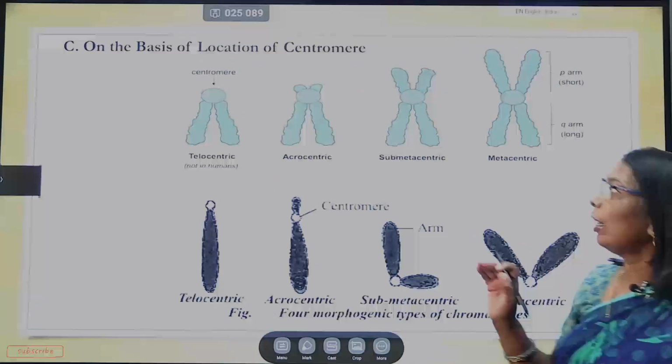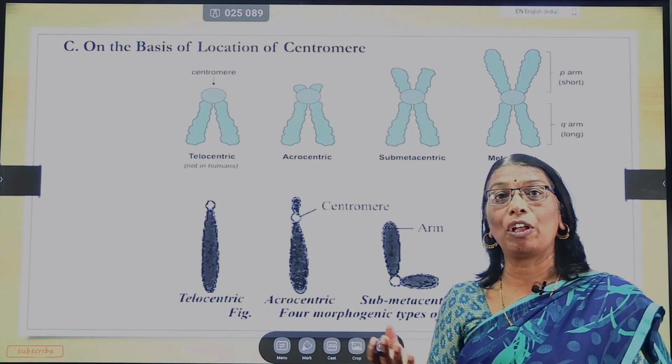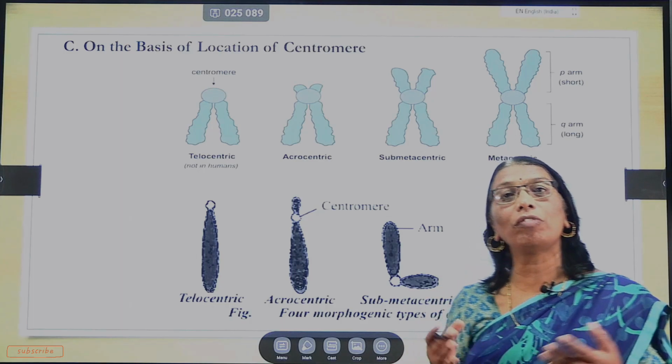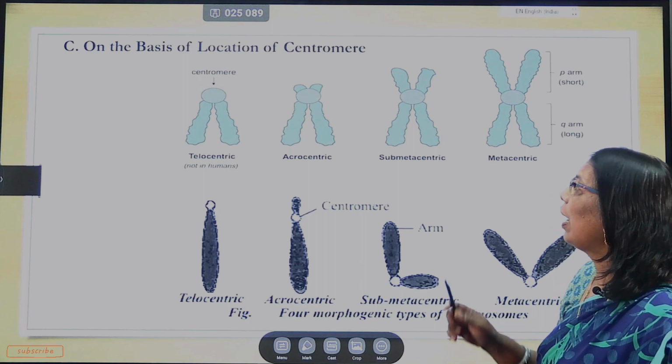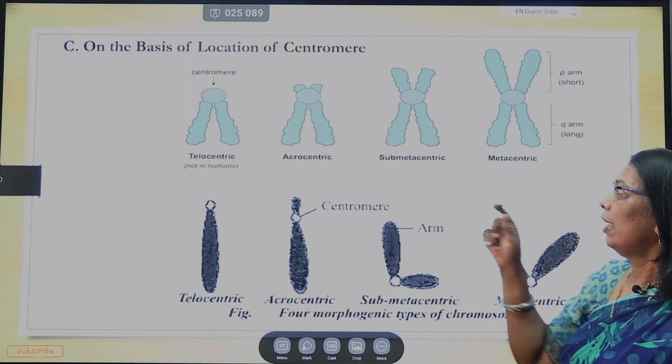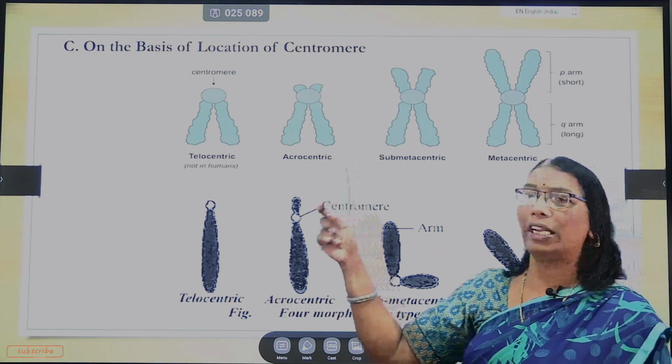Then again, on the basis of the location of the centromere, where that centromere is present throughout the length of the chromosome, the chromosomes are classified as metacentric, submetacentric, acrocentric, and telocentric.